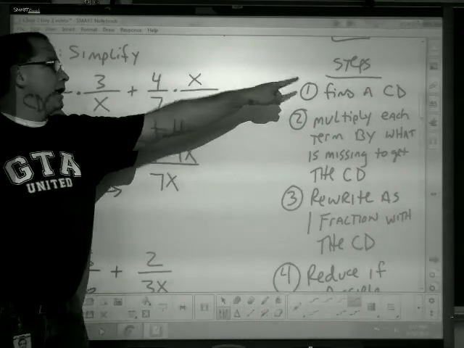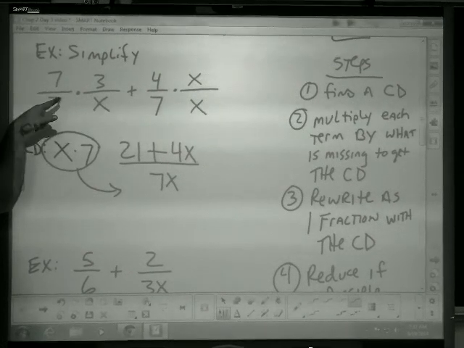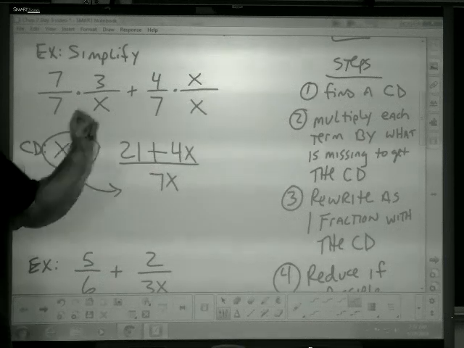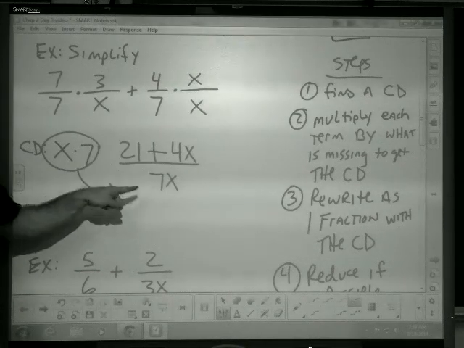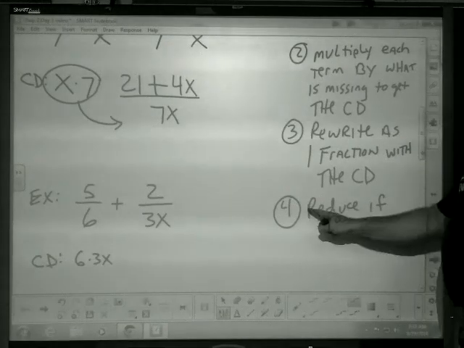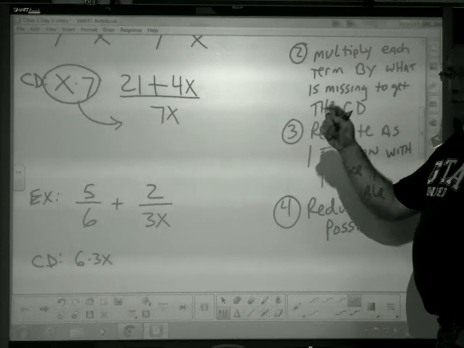So, find a common denominator. Everything has to be represented. Multiply each term by what's missing to get the common denominator. Okay? Rewrite it as one fraction. And then the last thing you need to do is to reduce if possible. Well, that was yesterday and the previous day's lesson.